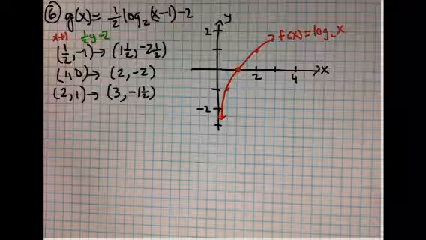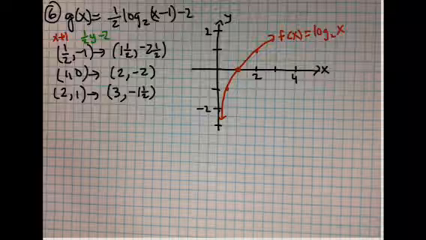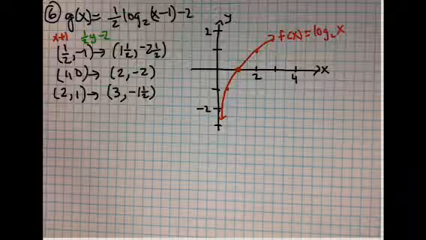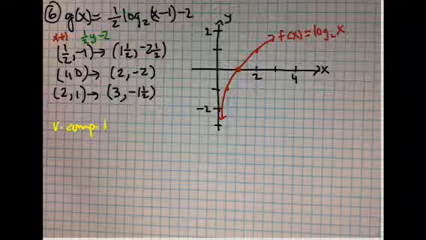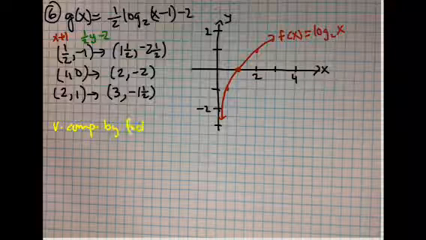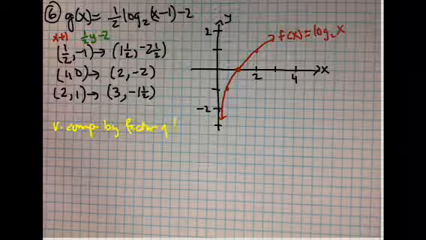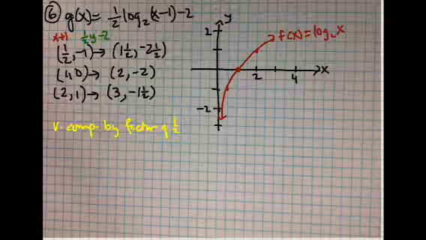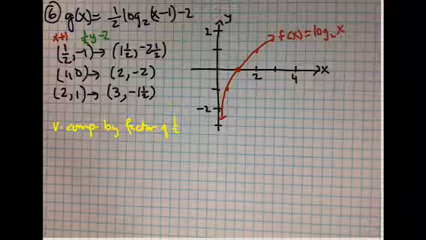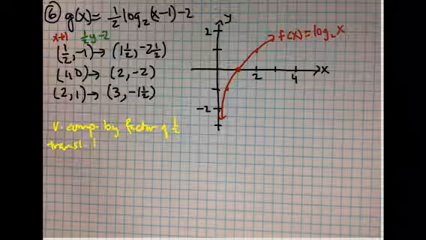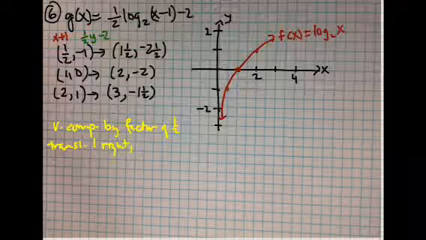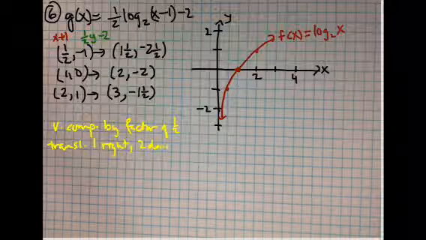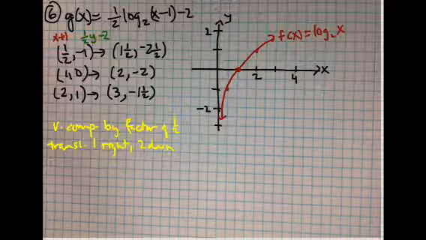So compared to this function, g of x has a vertical compression by a factor of 1/2. And then the translations are 1 to the right and 2 down. So that's how you describe the changes.